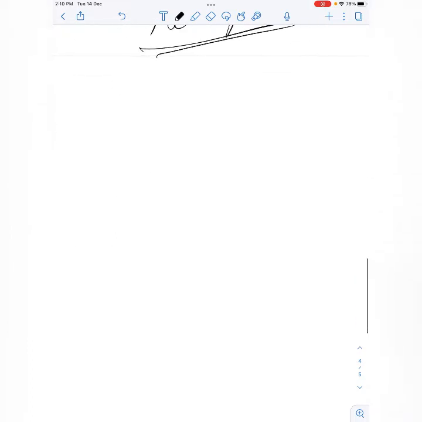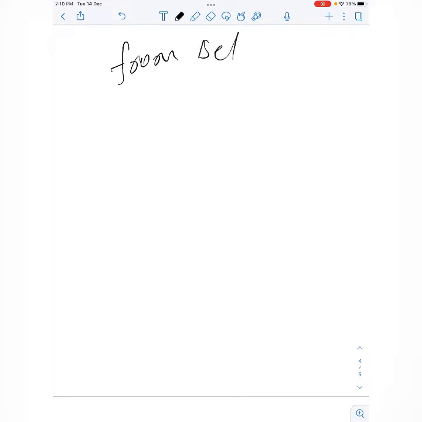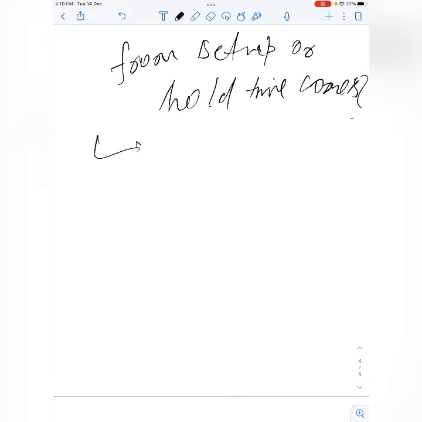Now I have told you the example, definition and all. There may be one more question: from where do this setup or hold time come? For this you have to go into how these flip-flops are made and what the delays of those elements are.